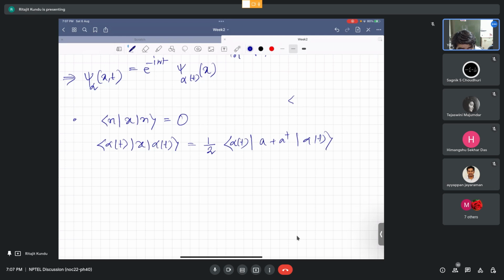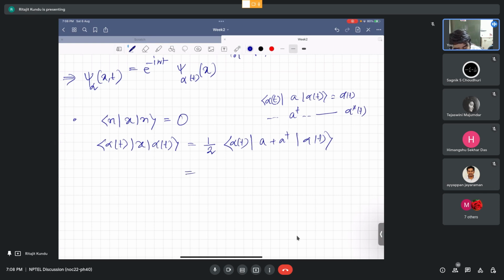We know that a acts on |alpha(t)> and gives you alpha(t) times |alpha(t)>. You can also act from the other side on <alpha(t)|, so this will just be alpha(t). Similarly for a dagger, a similar calculation will give you alpha star(t).